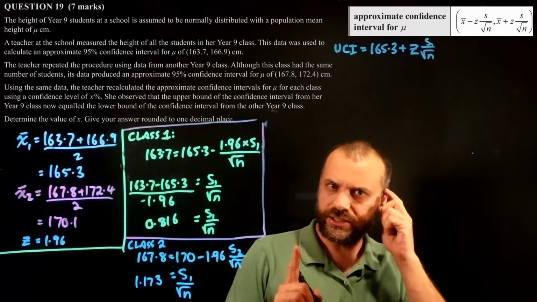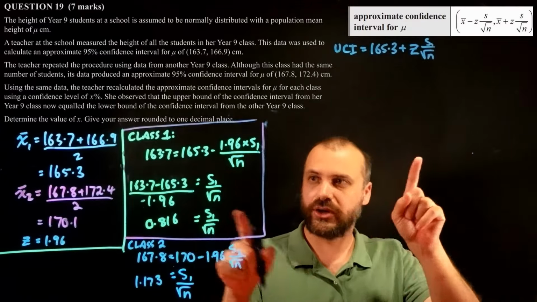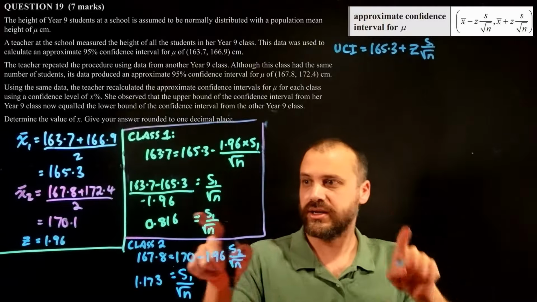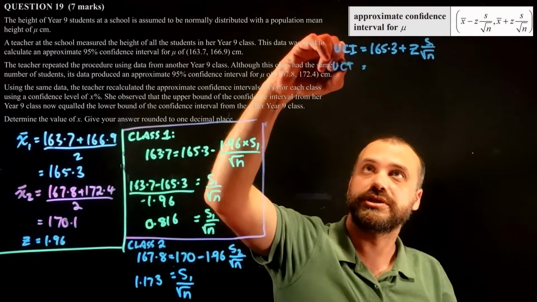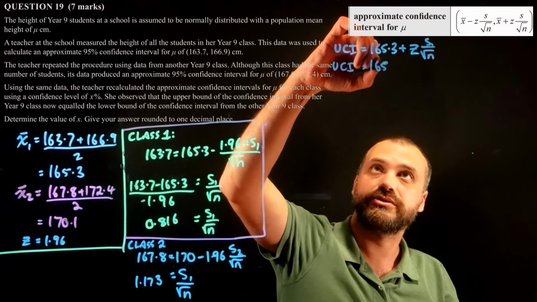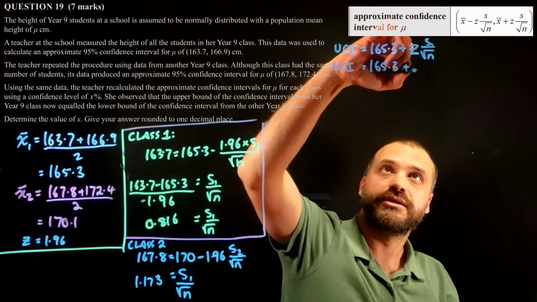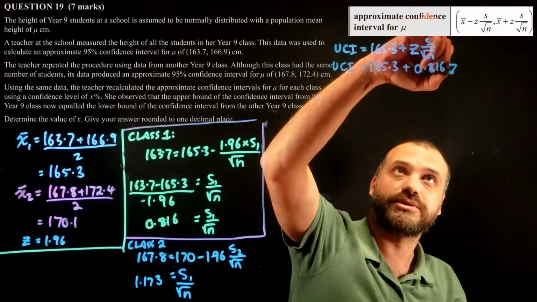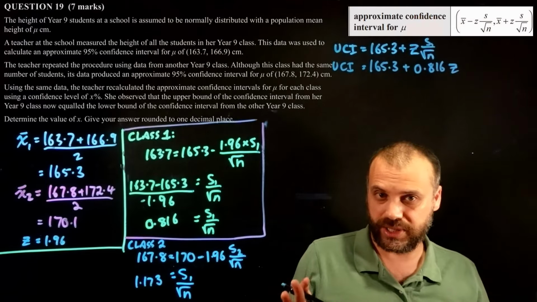Now thankfully, we know what S1 over root n is, and this is where we sort of go, oh, okay, that makes sense. We had an S1 and a root n there, we got an S1 and a root n there, we can sub it in directly. So we can say that the upper confidence interval of her class is equal to 165.3 plus S1 over root n, which is 0.816, times Z, whatever that confidence interval happens to be.